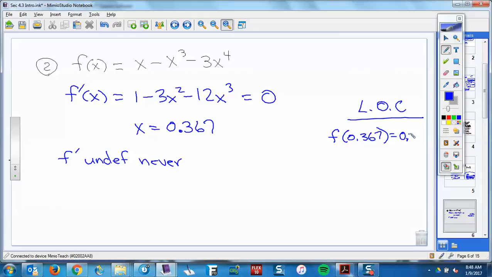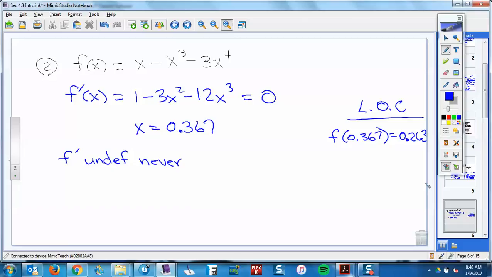Now, is that a max or a min? How do you know it's a max? Here, this problem is a special situation. Why do we do a list of candidates when we're trying to find a max and a min? To compare them.